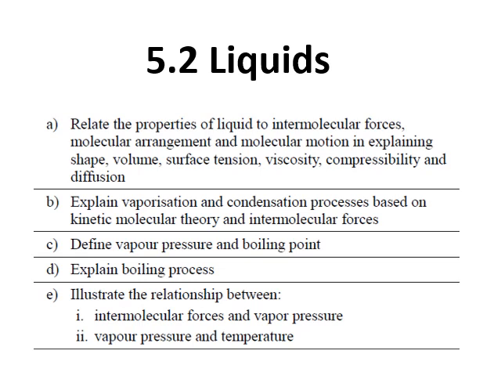In this video, we are going to discuss chapter 5.2, liquid. First, we need to know the properties of the liquid. Then we are going to explain the process of vaporization and also condensation based on the kinetic molecular theory. Define the vapor pressure at boiling point and also the relationship.